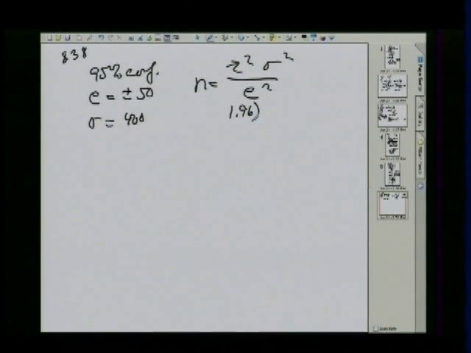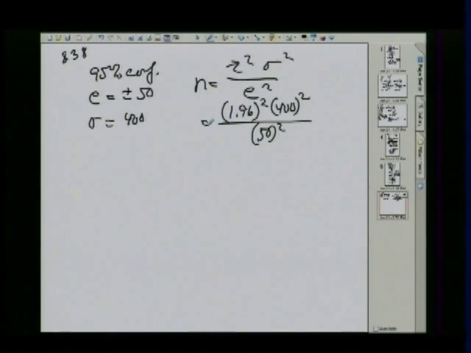You're probably beginning to remember that value because we've used it so much. It's 95% confidence, and we always assume that the variation could be in either direction, so that's why we're using 2.5% of the area on each side. We have sigma as 400. It's squared, however, so make sure you remember to square it. And then we divide by E squared, which is 50 squared.